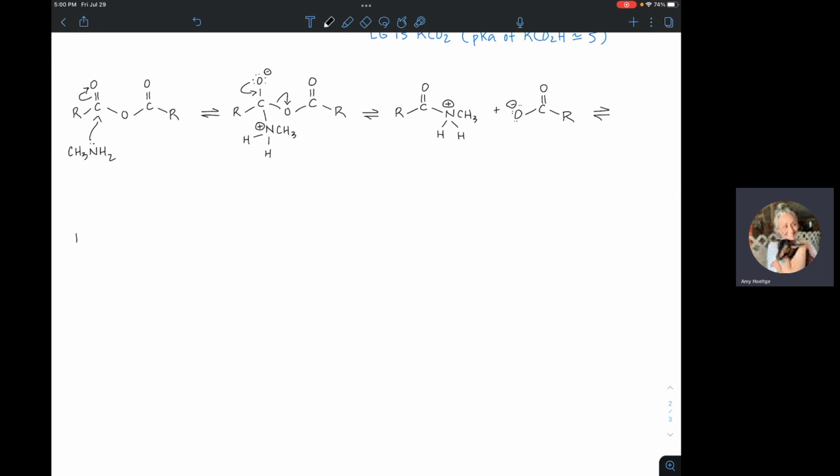So in other words, my amide, usually you see the hydrogen just written underneath the nitrogen like that, plus the carboxylate, the ammonium carboxylate salt, and the amide is in equilibrium with your protonated amide.